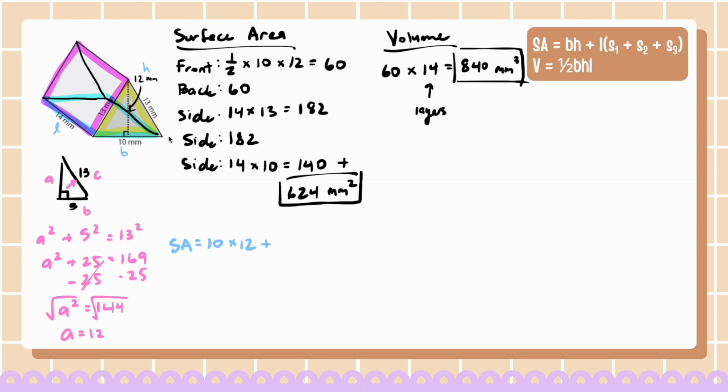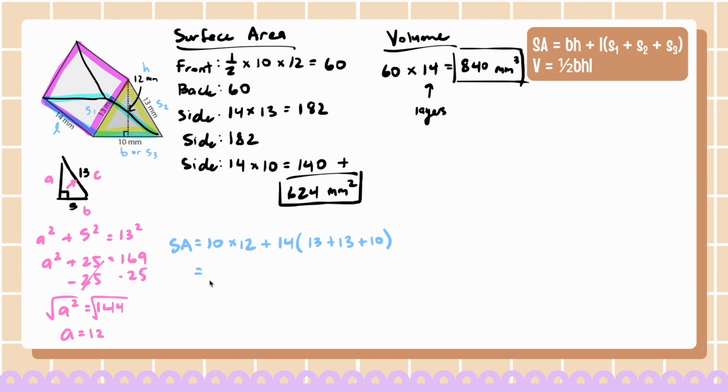And then each of these 3 sides here are going to be the sides. So let's say this is side 1, side 2, and then side 3. So I start with L, which is 14, times S1, which is 13, plus S2, again 13, plus S3, which is 10.